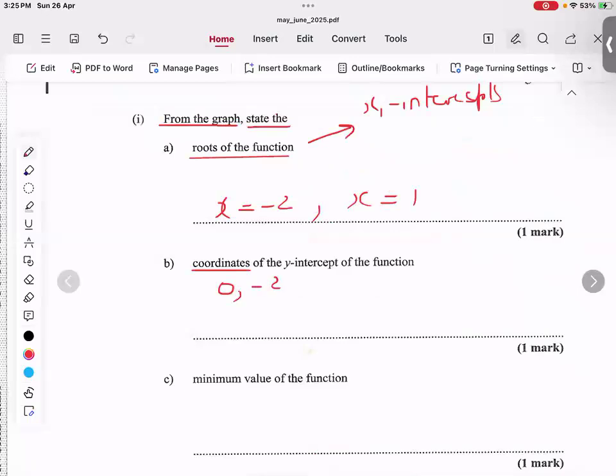If you put -2 alone, you get half a mark. Remember, in order to pass the y-axis, x has to be 0, and if you pass the x-axis, y is equal to 0. Correct. So this time, because we are looking at the y-intercept, it is 0, -2. If they had said x-intercept, then it would be something else. It would be -2, 0.